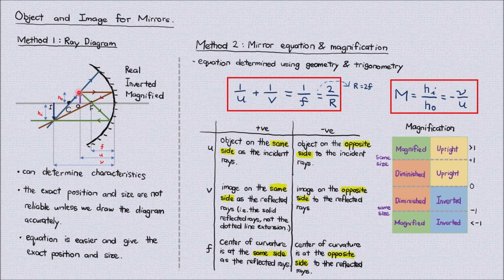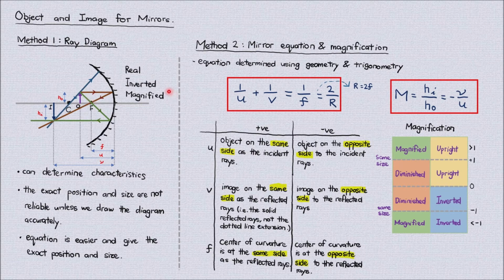So you can see that the incident ray is in front of the mirror, and the object is also in front of the mirror. Both of them are on the same side of the mirror. So in that case, the object distance here should be positive. For most cases that I can imagine, u is usually positive, as you can't imagine a situation where the object is on the opposite side of the incident ray.